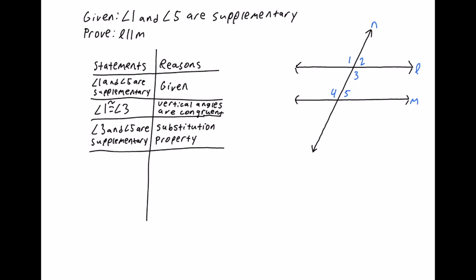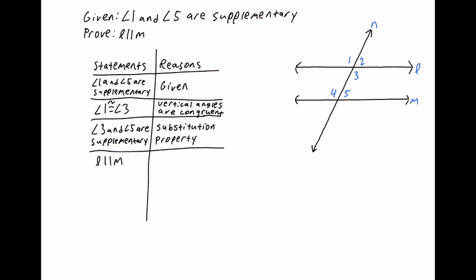Now from here, angle 3 and angle 5, this kind of pair, they are same side interior angles. So same side interior angles we know are supplementary. So since angle 3 and angle 5 are supplementary and they're same side interior angles, we can say that line L and line M are indeed parallel.